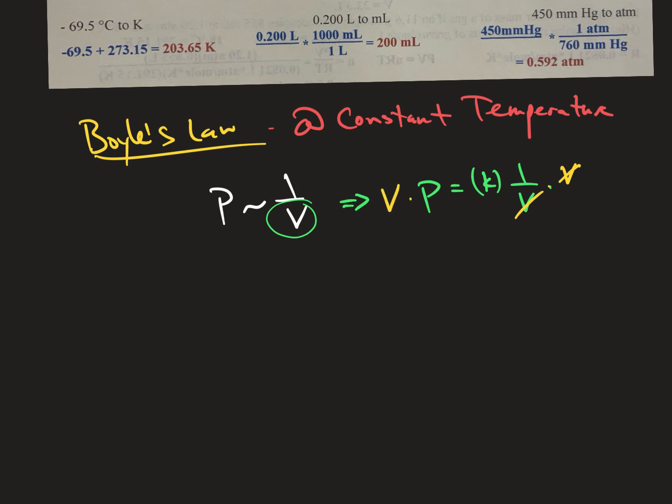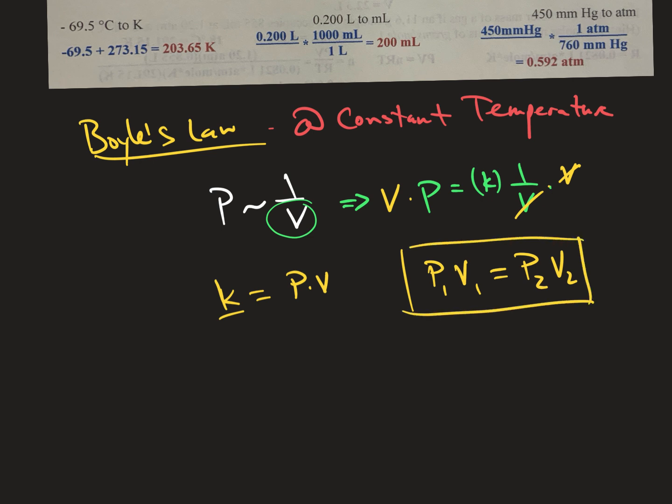Our constant k is equal to volume times pressure, or maybe more familiar, pressure times volume. Same thing. If that's a constant, it doesn't change. So pressure 1 times volume 1 equals pressure 2 times volume 2, equals pressure 3 times volume 3, and so on. That gives us this equation. Does that make sense?